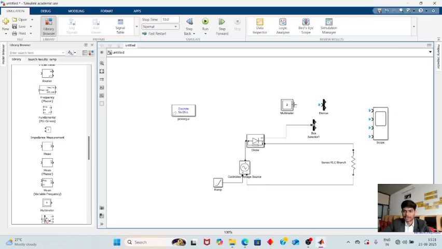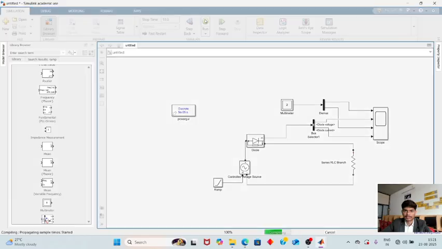Then connect the multimeter to the DMUX and the DMUX to the scope. The first terminal is connected first, then the second is connected to the output. Then connect the bus selector to the scope. Then run it.